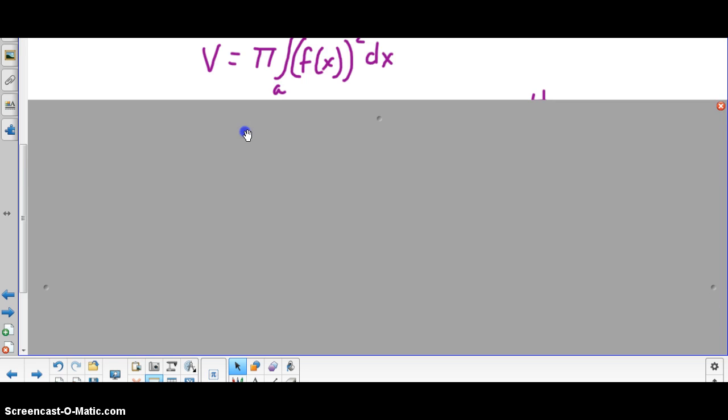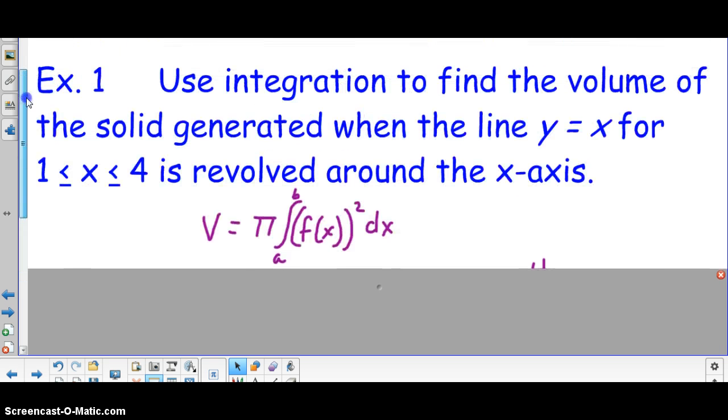So our first step was to realize what the problem is. Our example is, this is the formula from your book, which I prefer, like how they pull the constant pi out. We're going to be using integration to find the volume of a solid generated when the line y equals x for the interval between 1 and 4 is revolved around the x-axis.